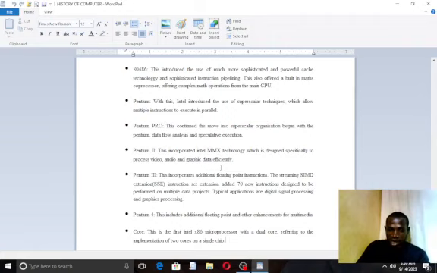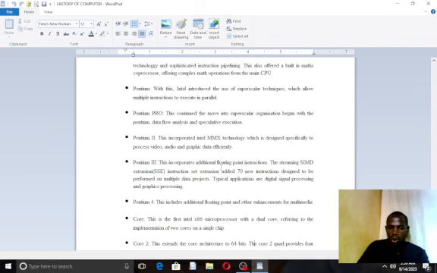And then the Pentium 3. The Pentium 3 incorporates additional floating point instructions. The Streaming SIMD Extension instruction set extension added 70 instructions designed to be performed on multiple data objects.